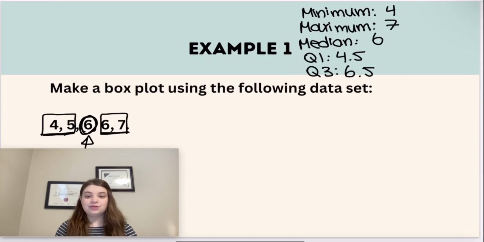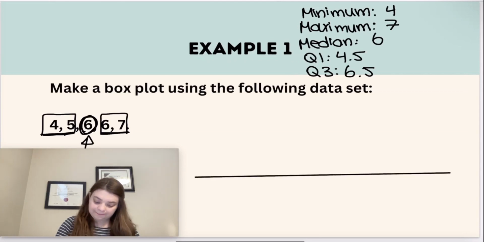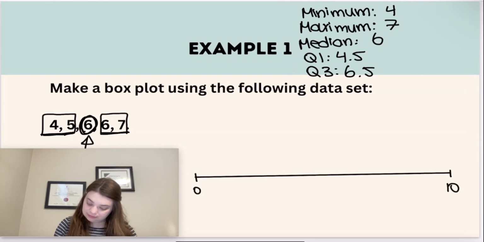All right, so now that we have all the numbers, I'm going to draw my box plot. I'm going to start by drawing a number line with numbers from 0 to 10.